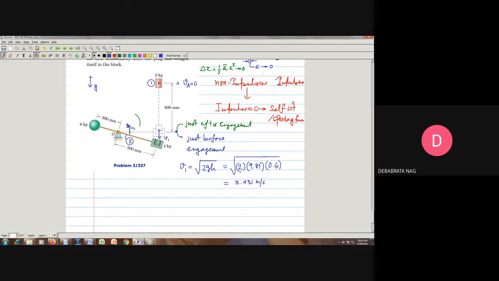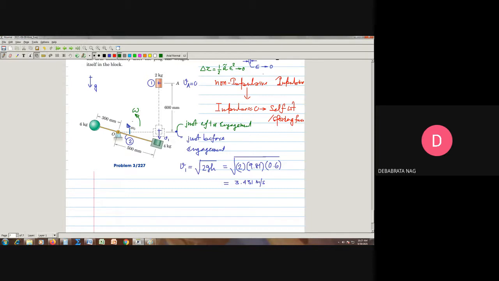If we suppose that the angular velocity just after engagement is called omega, then when this comes here, the entire assembly, because the plug has also become an integral part of the system, will be rotating with this angular velocity of omega radian per second.